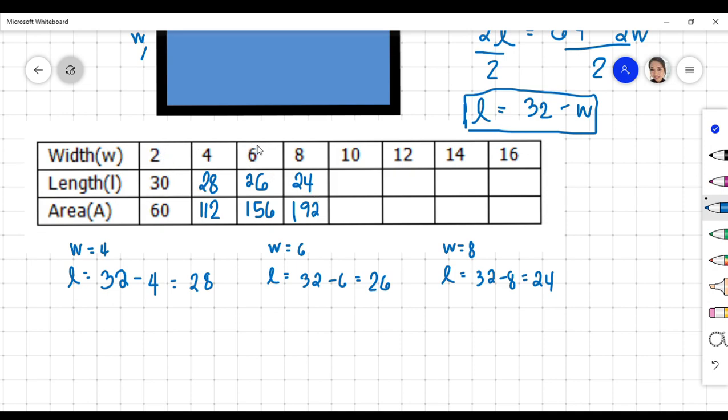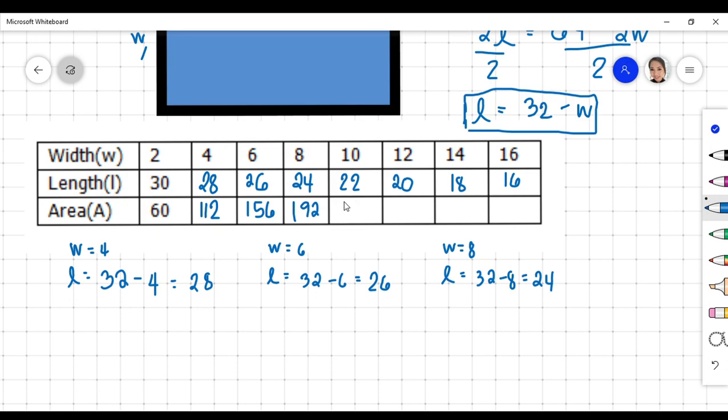So if you notice the pattern for the length and the pattern for the width, so the width is increasing by 2 while the length is decreasing by 2. So basically this will be 22, this will be 20, this will be 18, and this will be 16. Okay, now let's find the area if our width is 10 and if our length is 22.